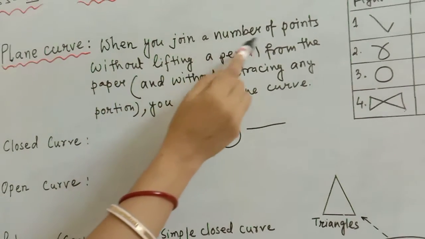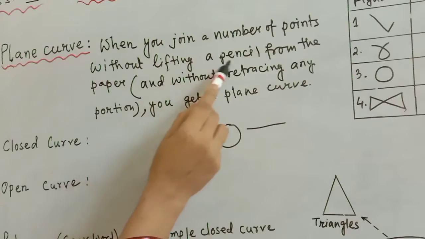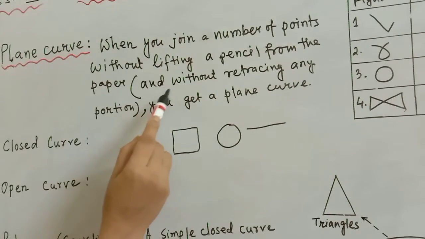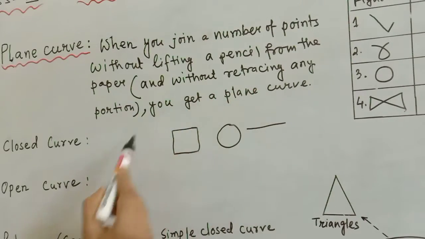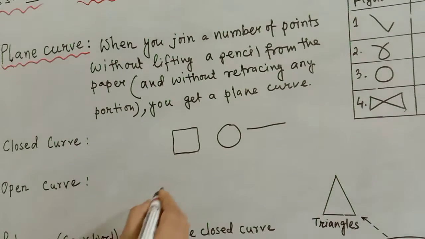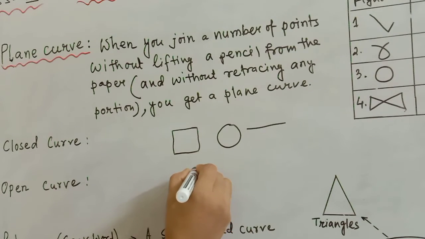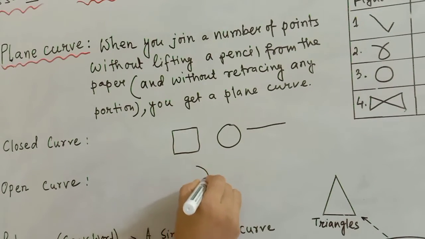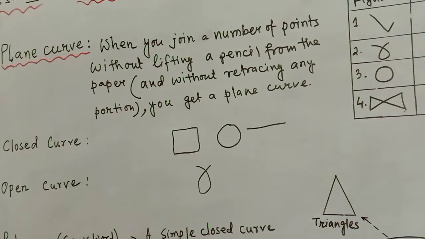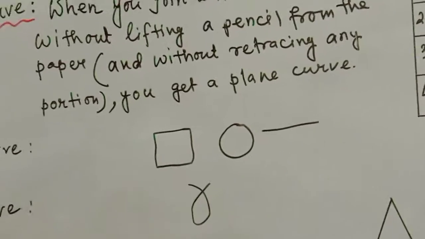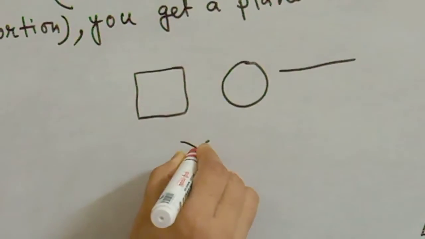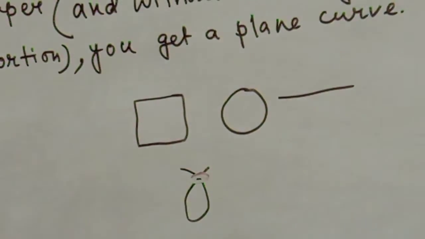When you join a number of points without lifting the pencil from the paper and without retracing any portion, that means they will not overlap. We are not lifting the pencil, but you can see that this portion is overlapping. So retracing that one point, they are changing their path.